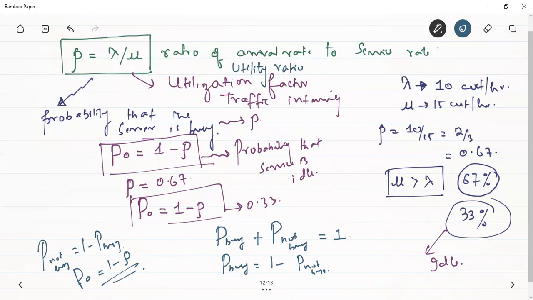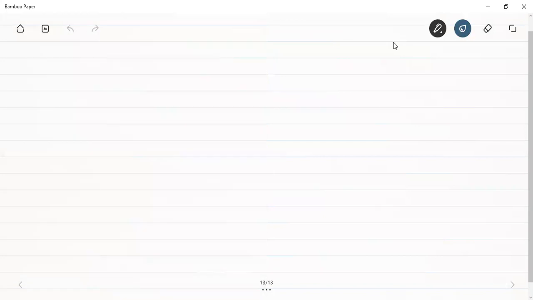So suppose if lambda is equal to mu, okay, उसका मतलब क्या है? Lambda is equal to mu means that the service rate is equal to the arrival rate. जिस रेट से लोग आ रहे हैं और उसी रेट से लोगों की सर्विस हो रही है, then lambda by mu will be equal to 1, because lambda and mu are equal. Then rho is equal to 1.